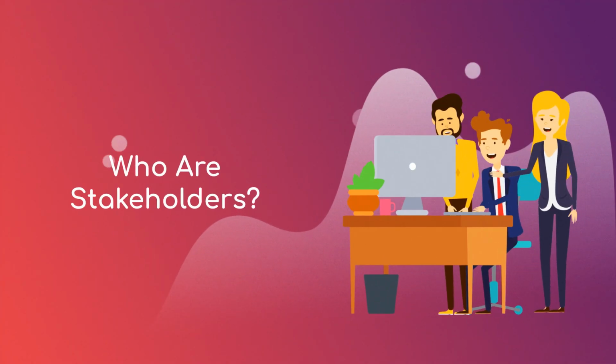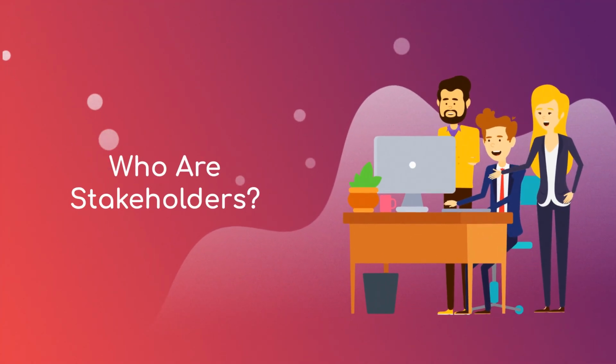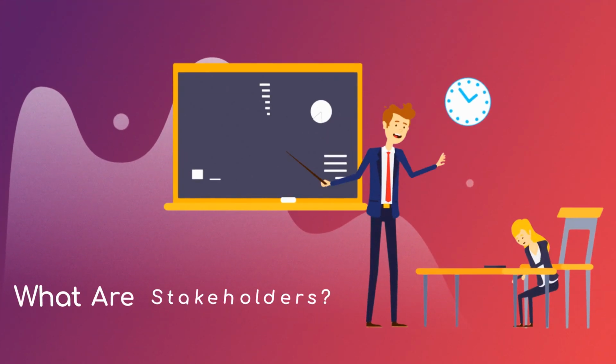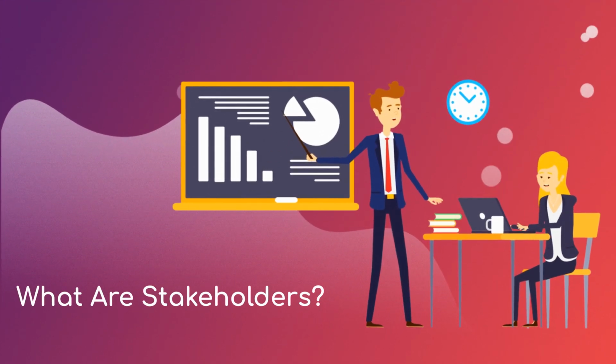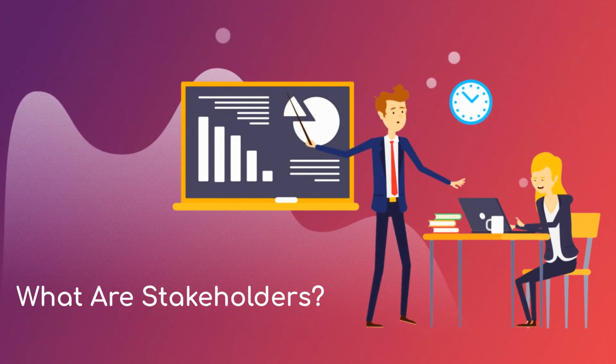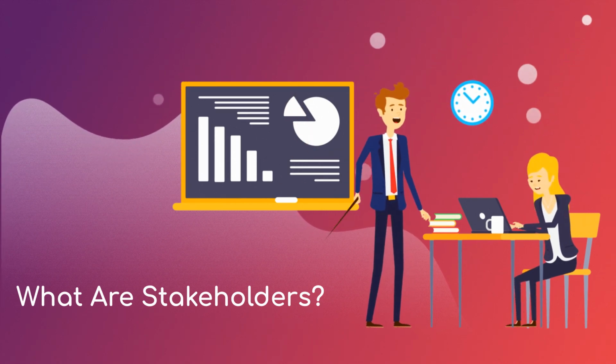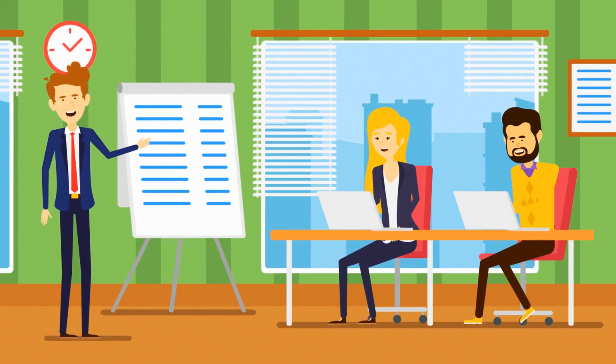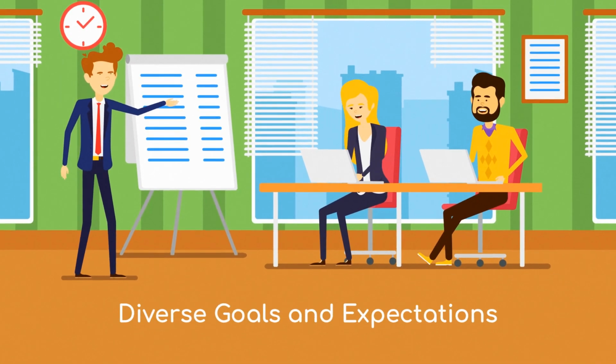Who are stakeholders, and why should AI be involved? As a refresher, stakeholders are anyone impacted by the project: business users, tech teams, leaders, regulators, or even customers. Each has their own goals, jargon, and expectations.